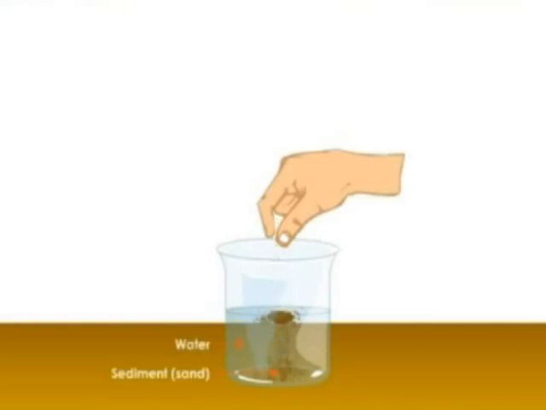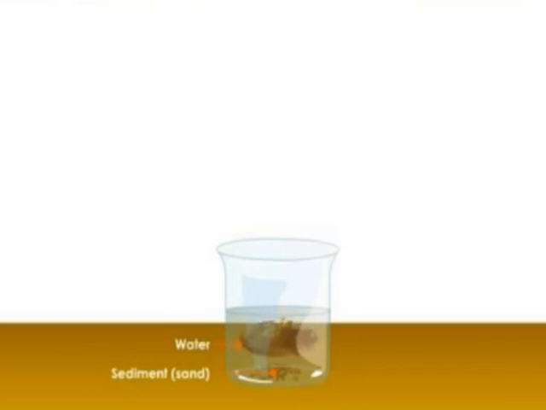So there we have sand added to water. Sand will not dissolve in water. It is insoluble in water, and given time the sand will settle at the bottom of the beaker in a process called sedimentation.